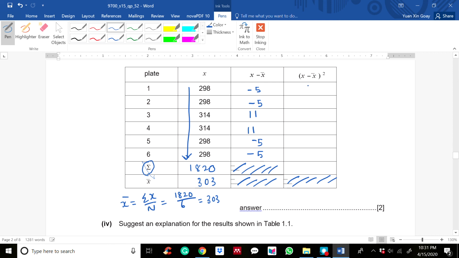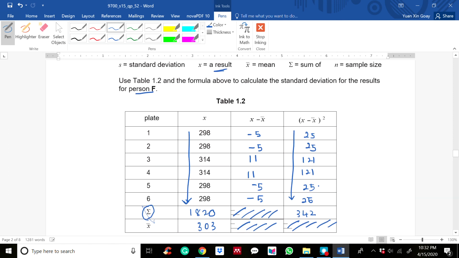Then you square the value. So this is equal to 25. This is equal to 121. Now you also need to calculate the sum of these values. So you add these, you will get a value of 342.